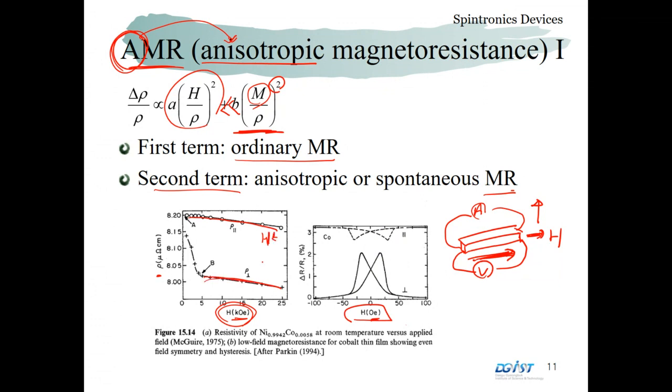This is from the ordinary MR. But this contribution came from the anomalous part. In general, this is a weak ferromagnet, but this is a strong ferromagnet. So we have such a shape. So measuring AMR is also another technique to characterize the magnetic property of your samples.